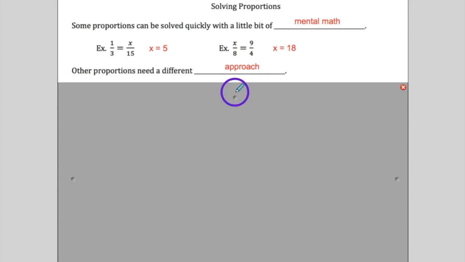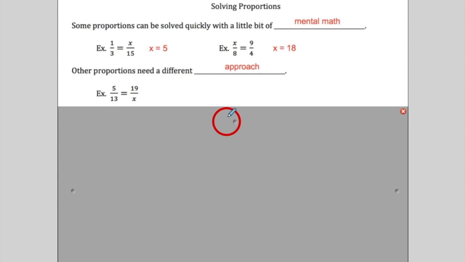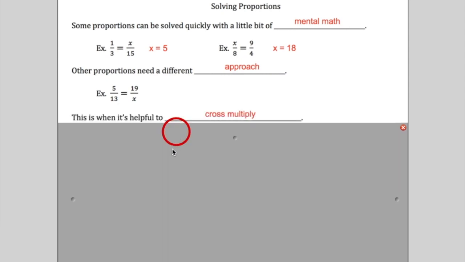Other proportions need a little bit of a different approach, however. For instance, 5 over 13 equals 19 over x. That would be a problem that I wouldn't want to figure out in my head using mental math, or even without a calculator necessarily.